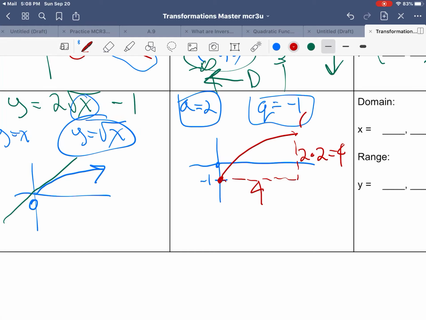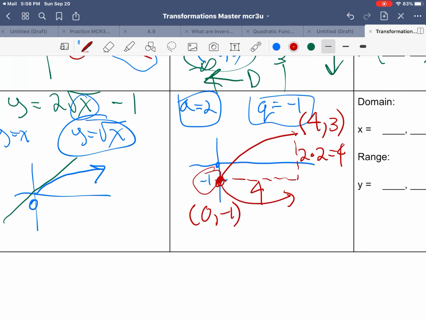Okay, so what will this ordered pair be? Well, it starts at 0, it moves to the right 4, so that's 4, and then it goes up by 4 from negative 1. From negative 1 up by 4, that's 3. What is the ordered pair of the cusp? 0 and negative 1.